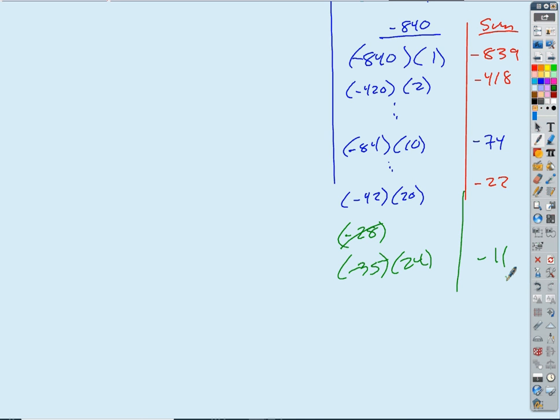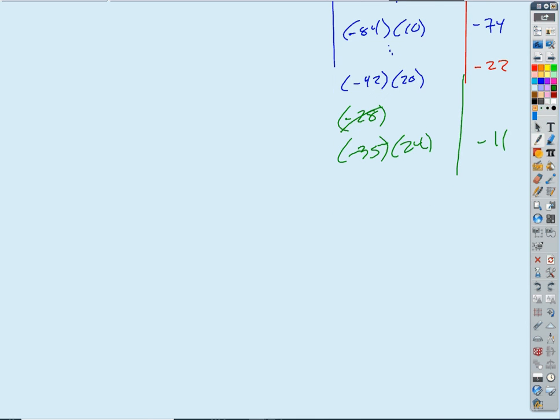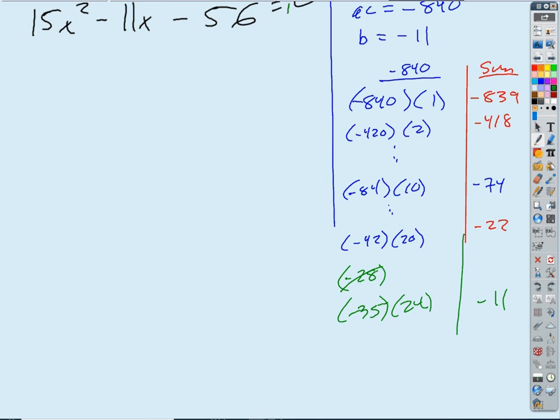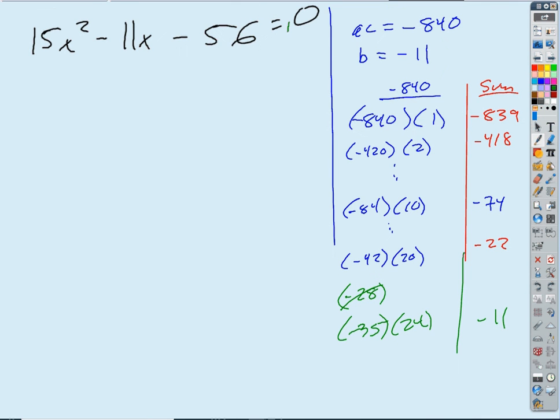I mean, wouldn't it always be easier to just make a short list of numbers that differ by 11? And then just hone in on the one that's going to give us, if it exists, the right one. You see what I'm saying? Yeah. I mean, we could pretty easily get pretty close to this, couldn't we? We could say something like 40, we could just try a couple, right?